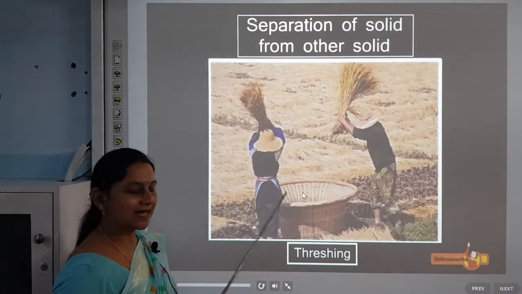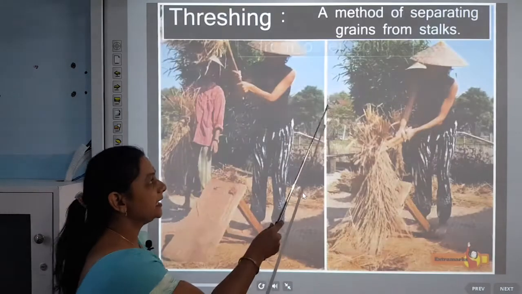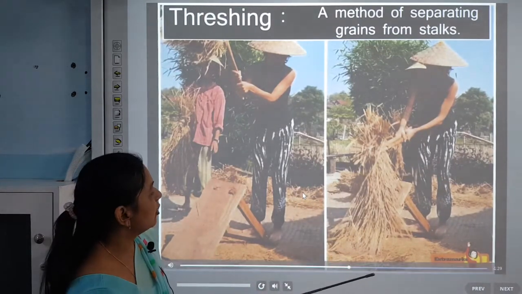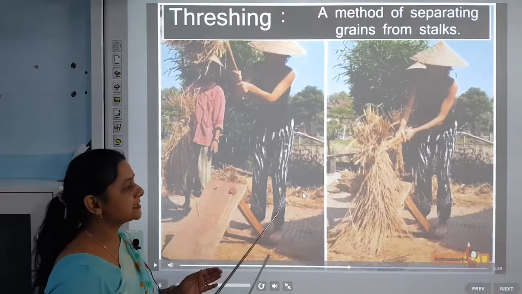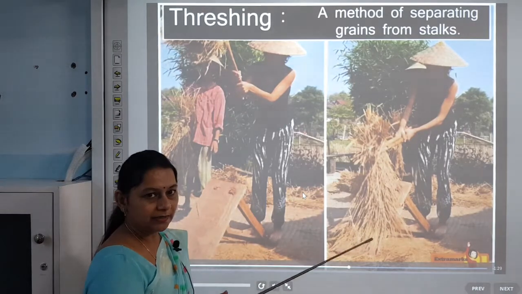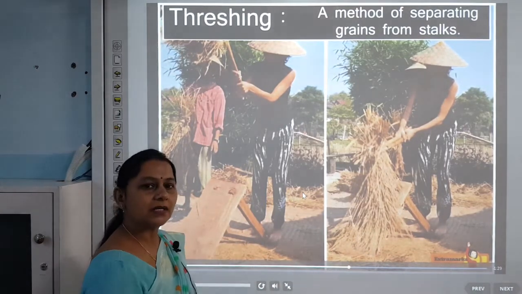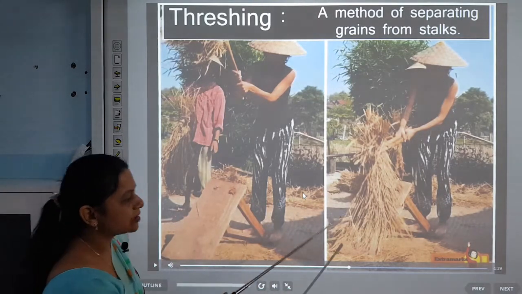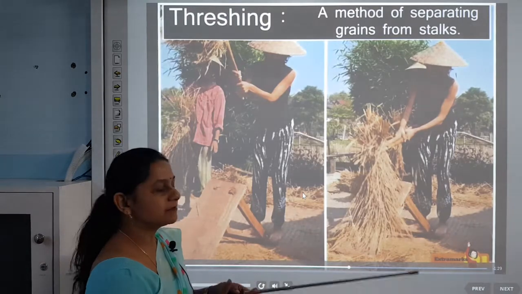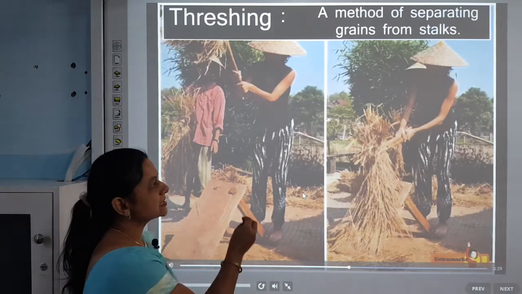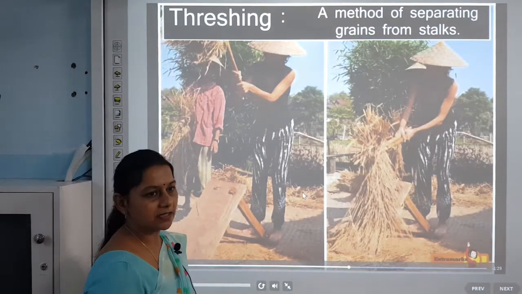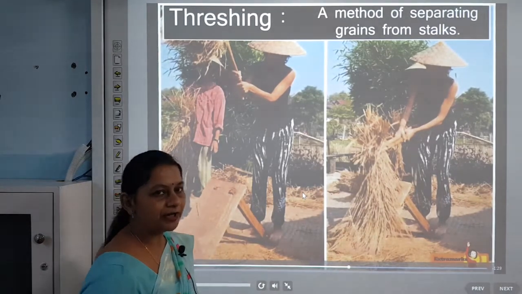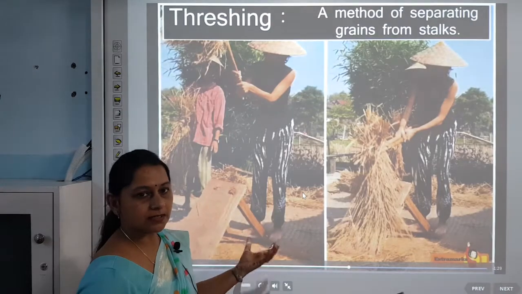Now, threshing is done to remove the grains from the stalks. Large bundles of stalks of grains are tied together and beaten on some hard surface. Like you can see here, they are beating the stalks, they have collected them in a bundle, and when these are beaten on any hard surface, the grains or the seeds are separated out from the stalks.